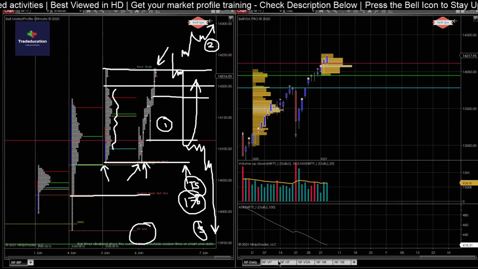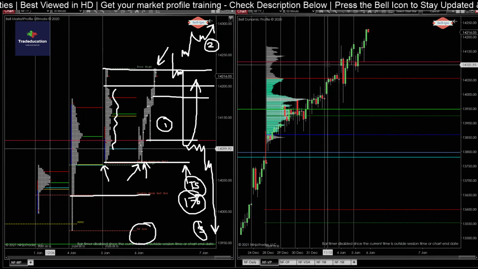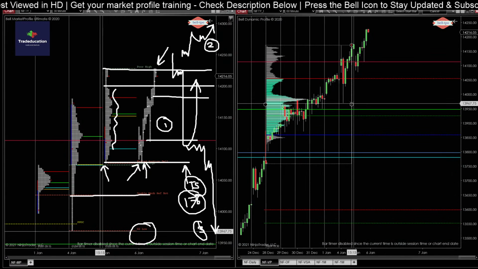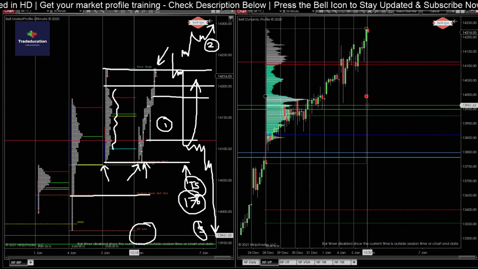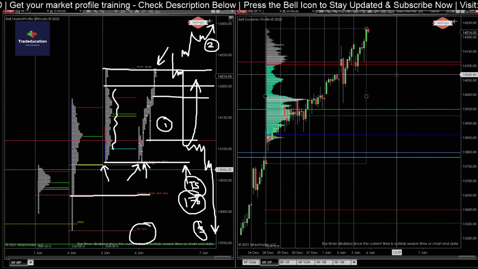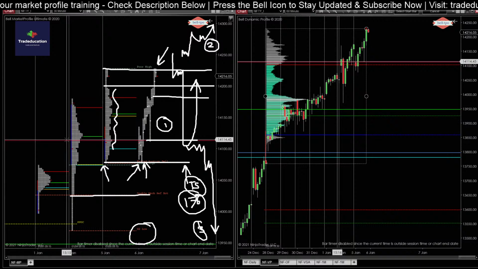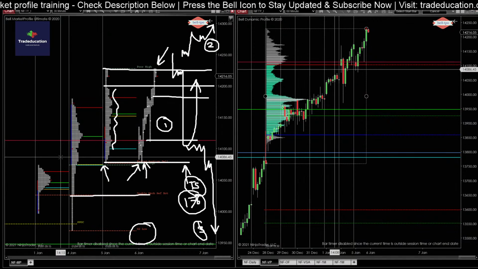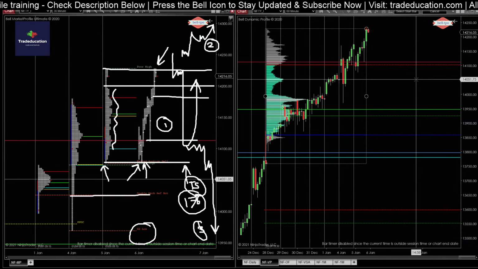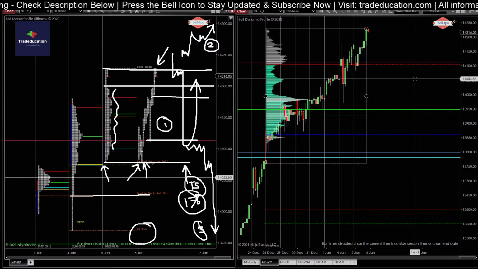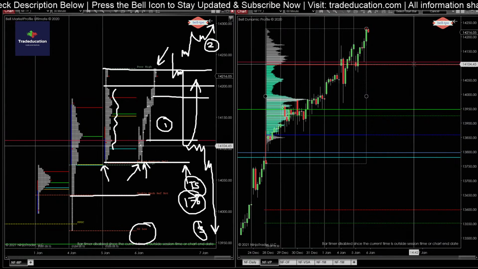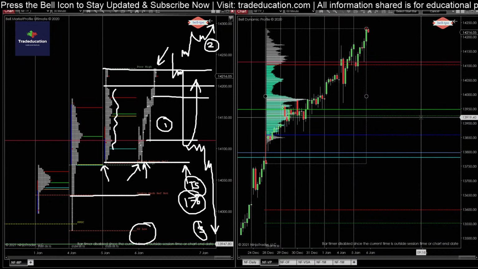Now, jumping to the structured approach, let me add all these data points and remove this. Yeah, this reference is fine. So the auction is still above value area high, so we need to observe that this level sustains.